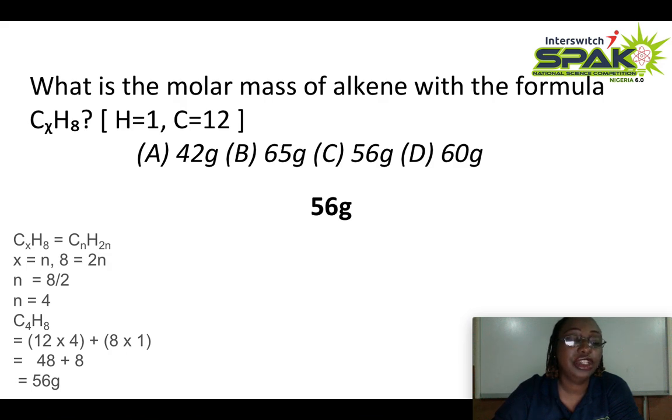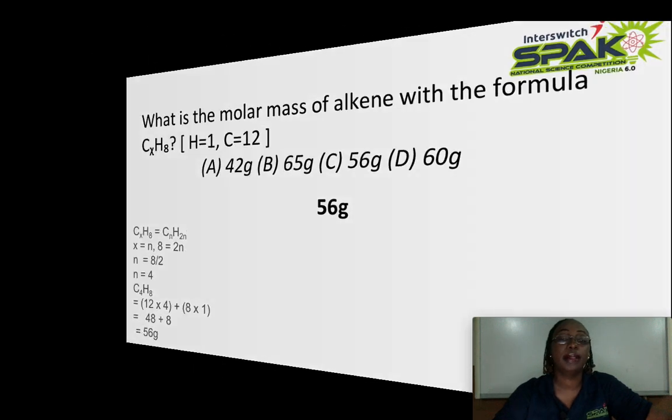So n is equal to 8 over 2, which is 4. That's C4H8. And by the time you calculate the molar mass, that will be 12 times 4 plus 8 times 1, which is 48 plus 8. Then the answer is 56 grams.